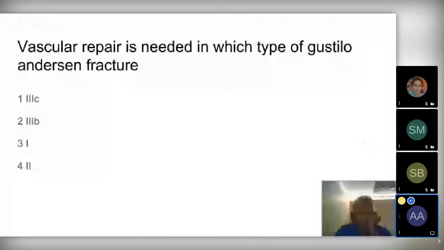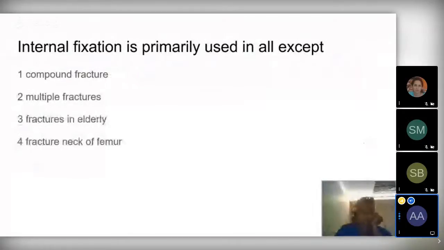3C, excellent. Internal fixation is primarily used in all except, okay, remember, except.